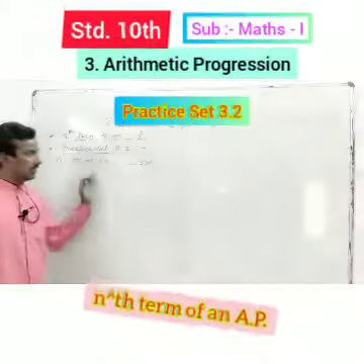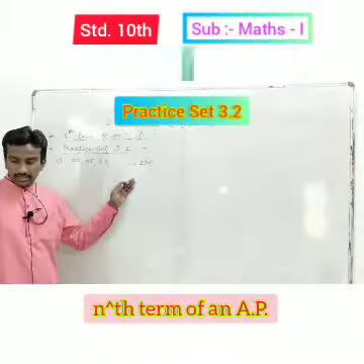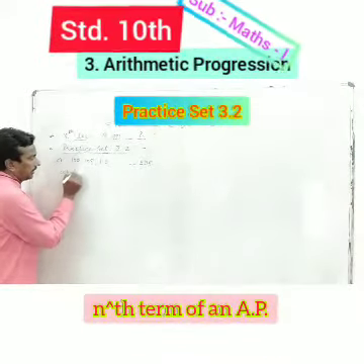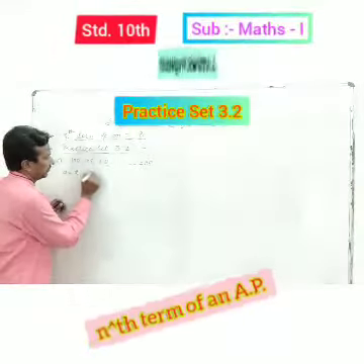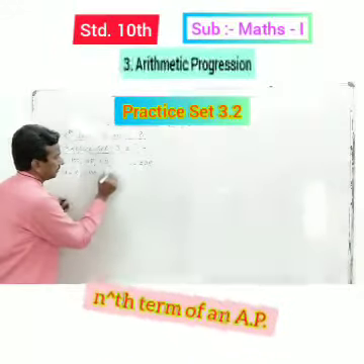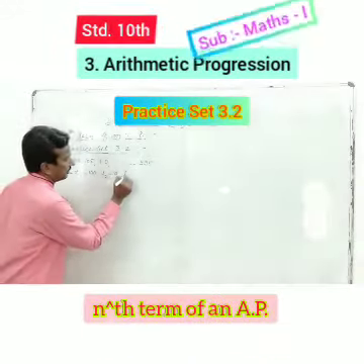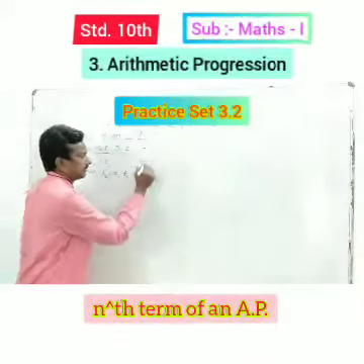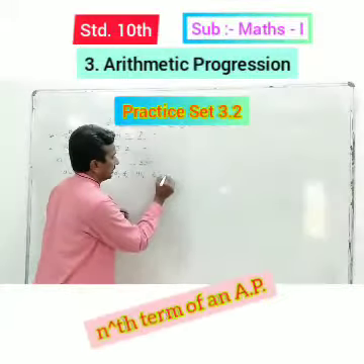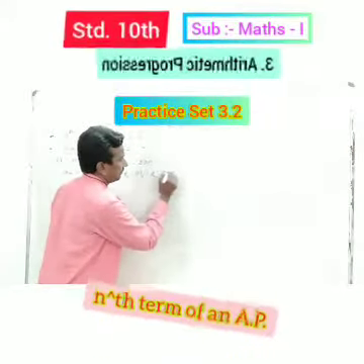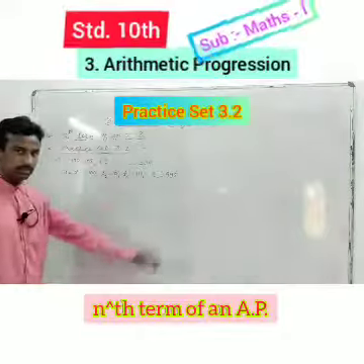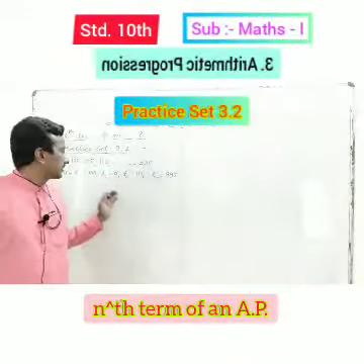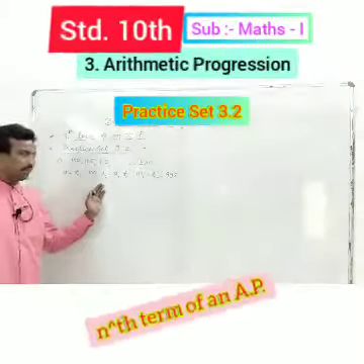These are the 3-digit natural numbers which are divisible by 5. We know the first term A, means T1 is equal to 100, T2 is 105, T3 is 110, and this is the last term, we can say Tn, 995. 995 is the last term. Now find how many 3-digit natural numbers are divisible by 5.